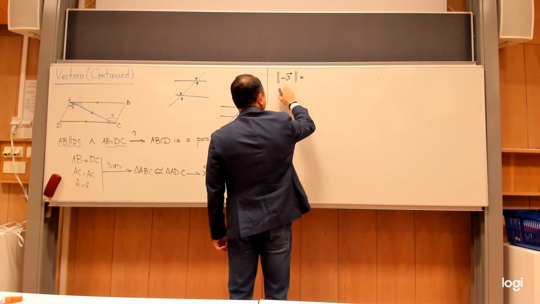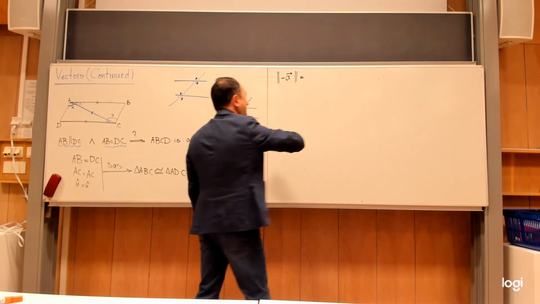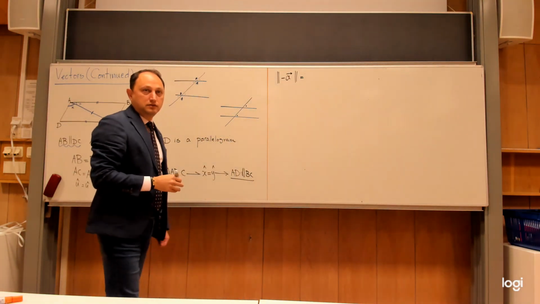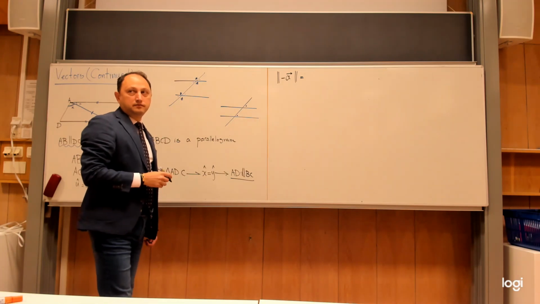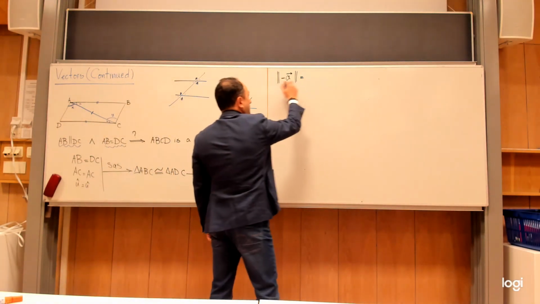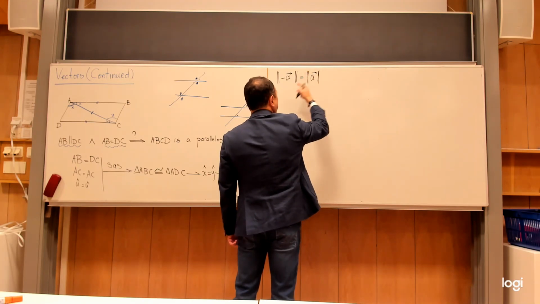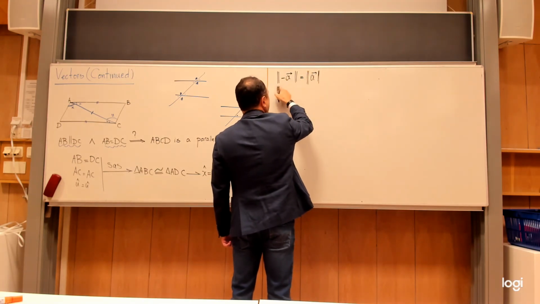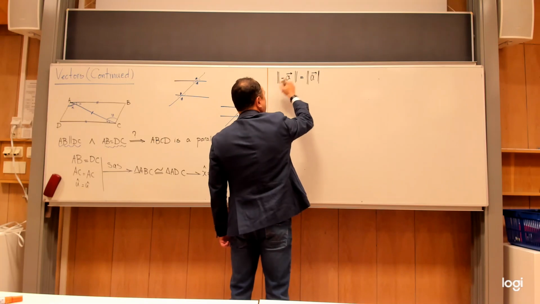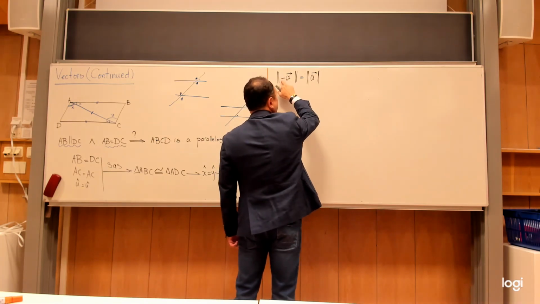What is the relation between the norm of the opposite vector and the vector itself? They are the same. So you can see, at the level of algebra, you don't need to think geometrically. The norm sign will omit this negative sign.